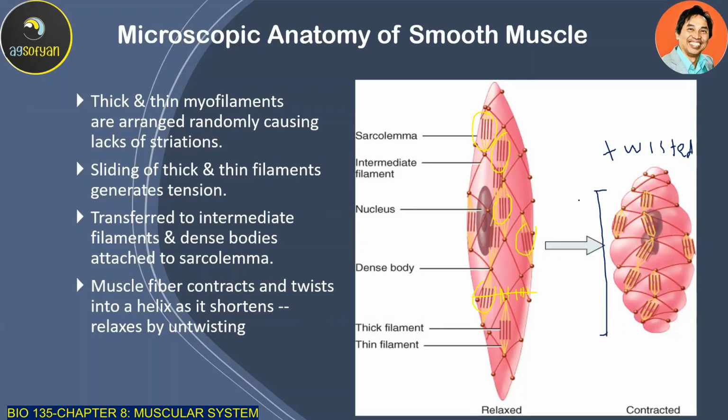You twist a rubber and it becomes shorter, and you let it go, it then goes back to its regular shape again. Then relax, and then twist it, which is contracted. So this is how the smooth muscle contracts. The process is still the same, using calcium, troponin, tropomyosin, actin, and myosin.